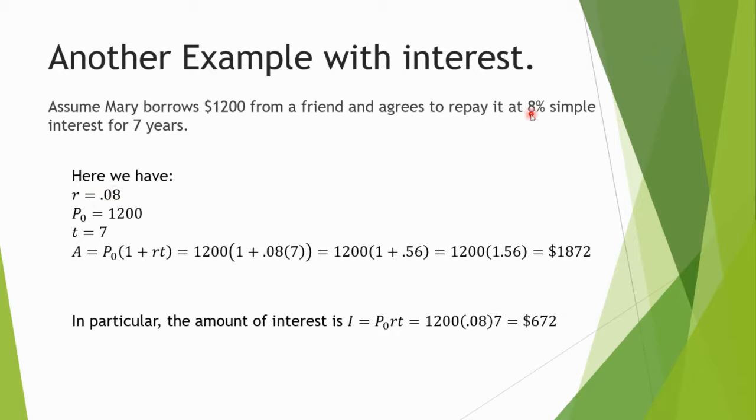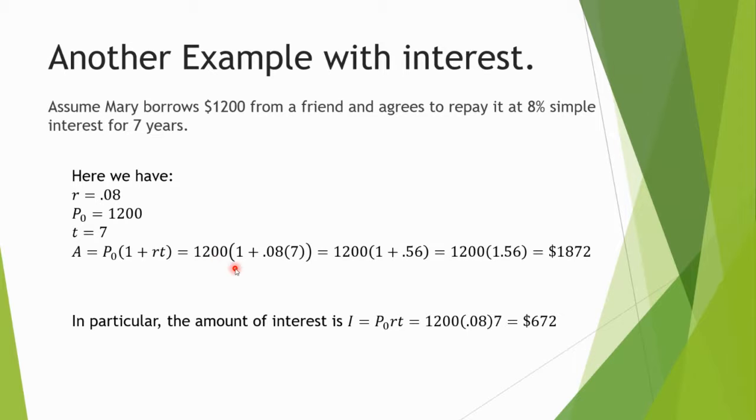Our R, that's our percent, written as a decimal though. The initial amount, the principal, P sub 0, is 1,200. It's for 7 years, as you can see. So the balance, how much she'll owe her friend at the end of 7 years, this is how we calculate it.